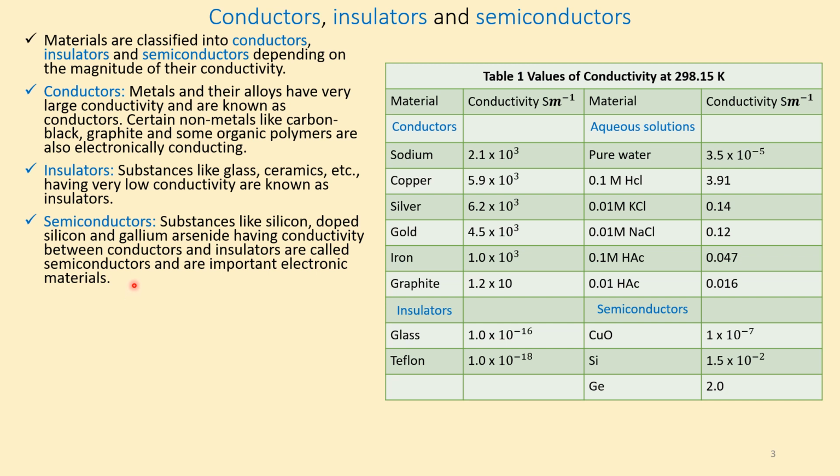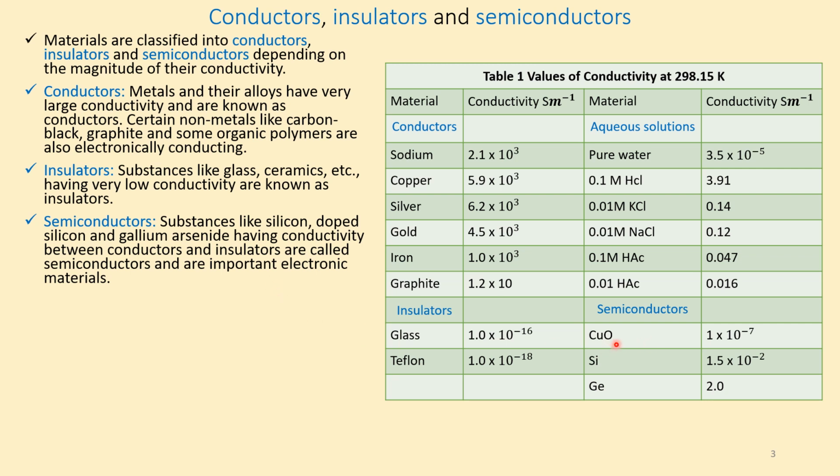In the case of semiconductors, the conductivity lies between the numerical values of conductivity of conductors and conductivity of insulators. So, the semiconductors have a conductivity between conductors and insulators, and these are called semiconductors.